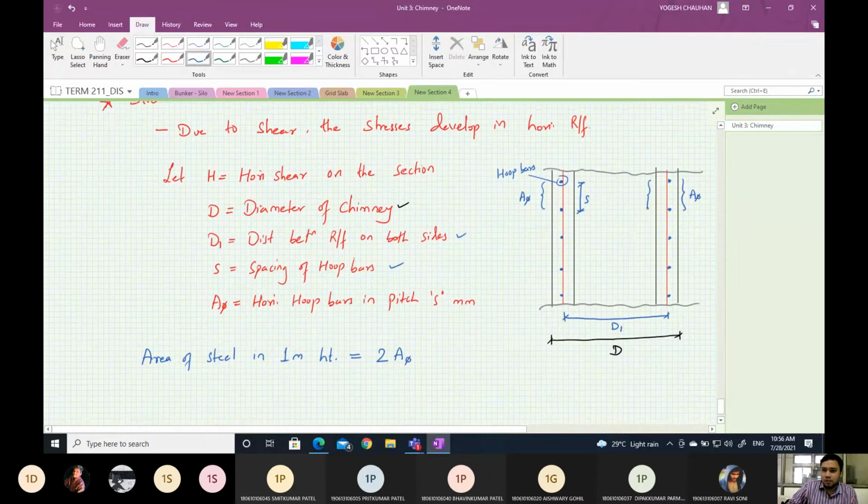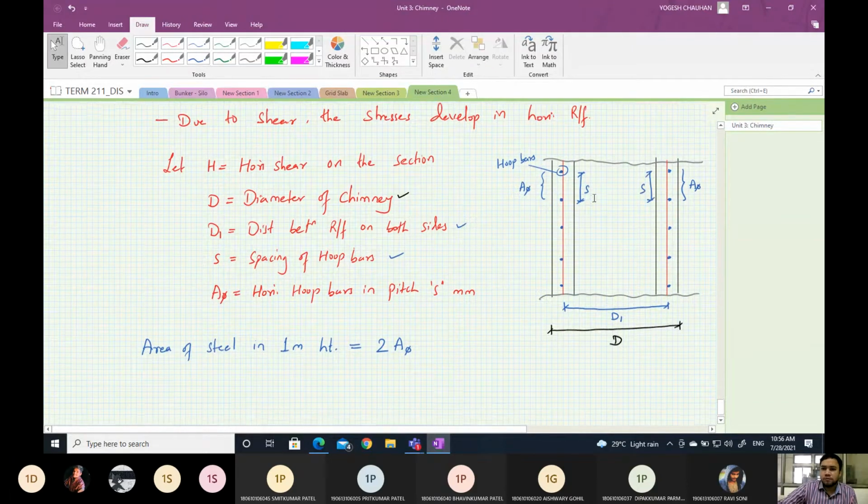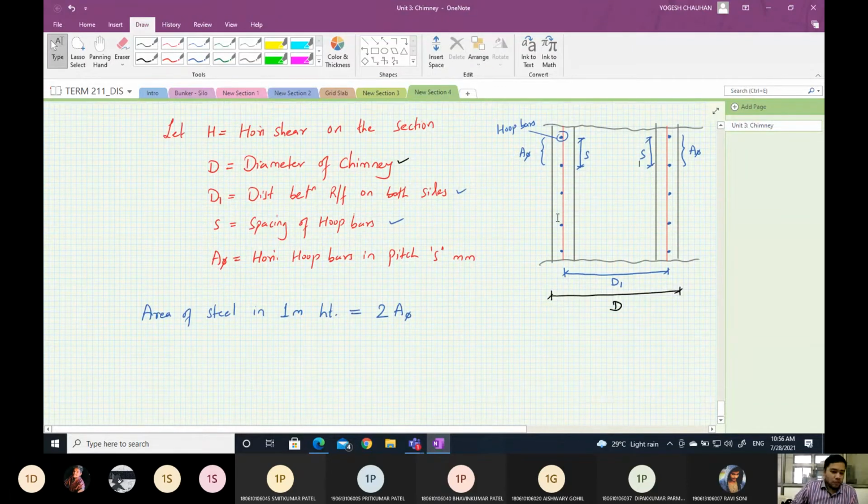This spacing is also S. So 2 times A5 multiplied by, we are finding it in 1 meter length, so multiply by 1000, because your pitch is in mm, divided by S. So you will get the area of the hoop bars in 1 meter length.